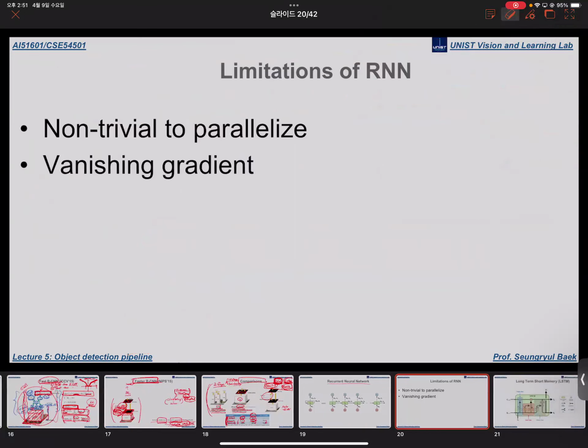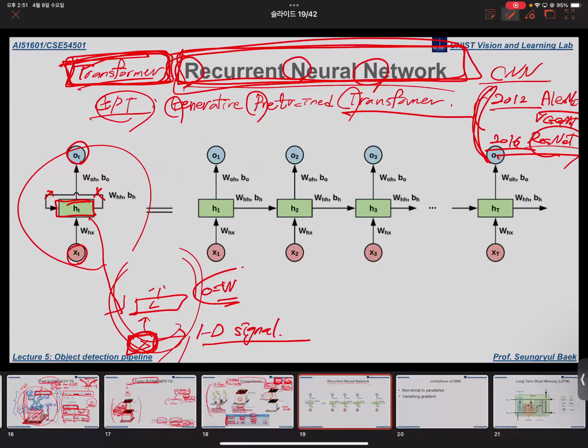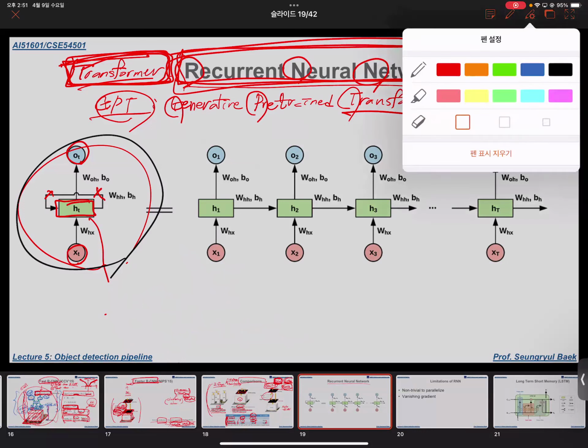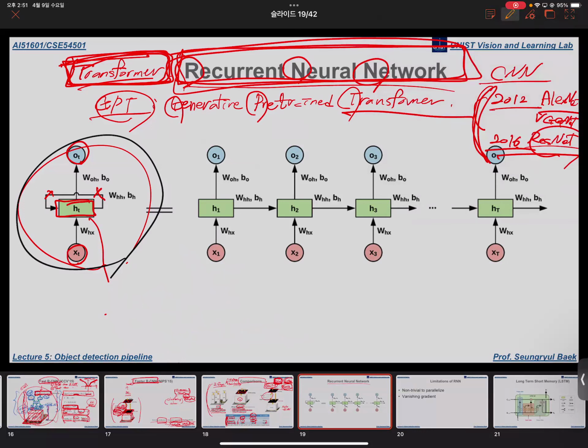But how do we extend this MLP to deal with sequential data? Maybe the researchers proposed this RNN to expand the MLP for sequential data.